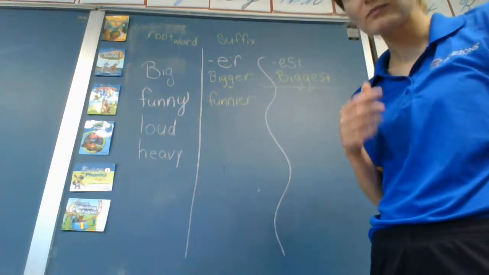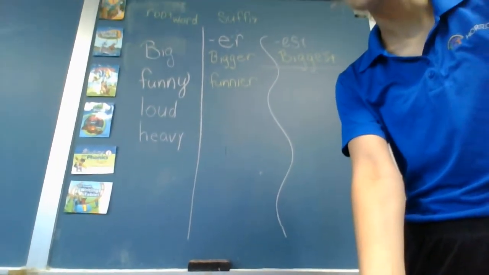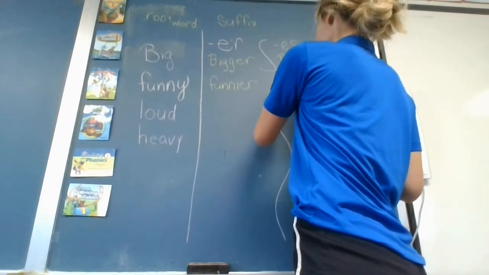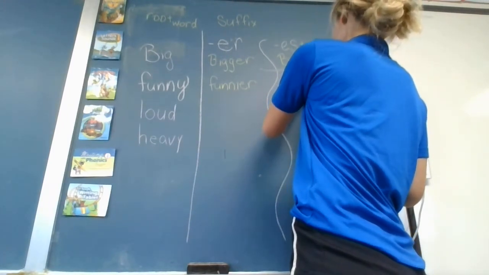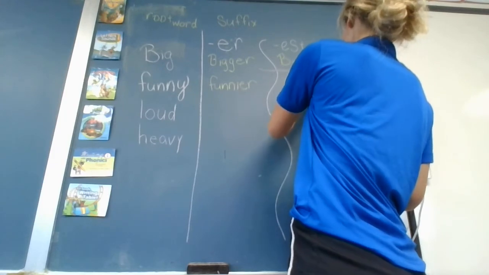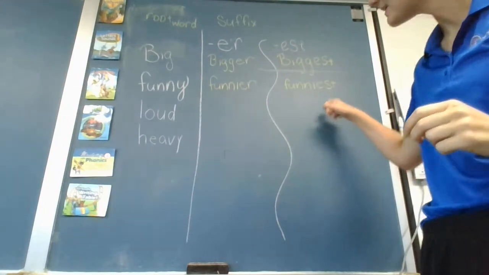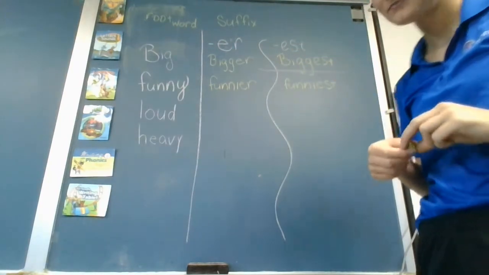Okay, and then for funniest, we're going to do the same thing. We drop that Y, make it an I, and then add that EST.